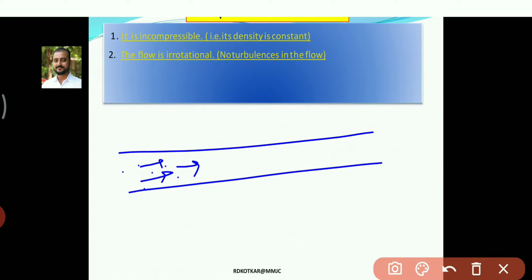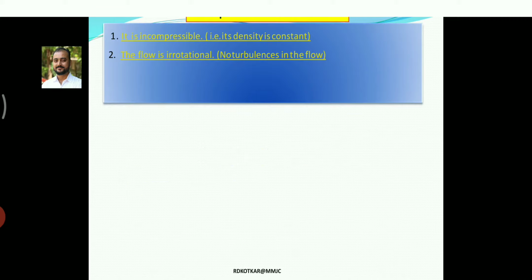Such a flow is called turbulent flow. Here there is no turbulence, meaning all particles are moving with the same velocity. We will study this concept in more detail in the next chapters.